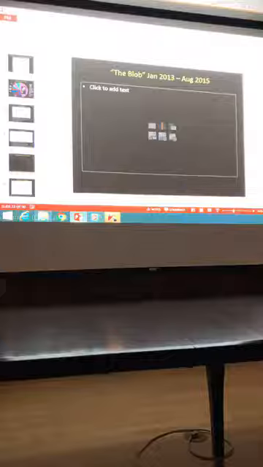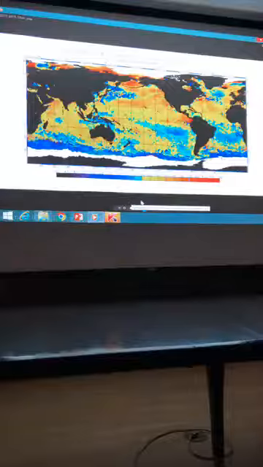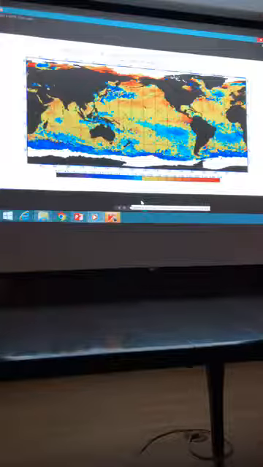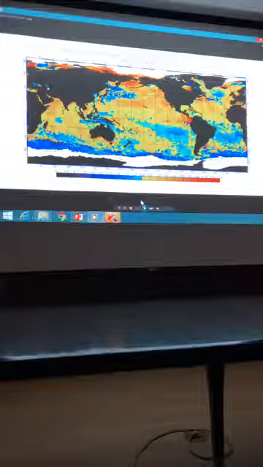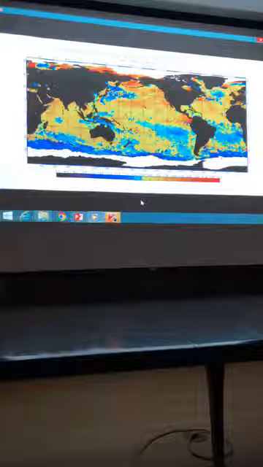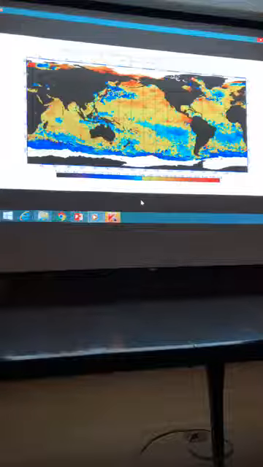Okay, so I want to quickly just go over the blob, and I have a fun animation. Okay, so this is a map of the world, and we're going to start in 2013.